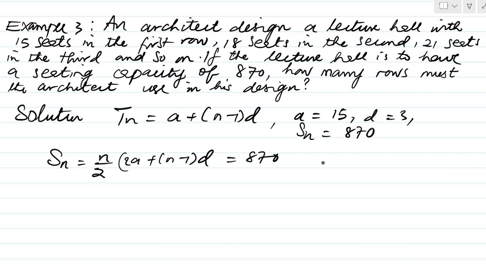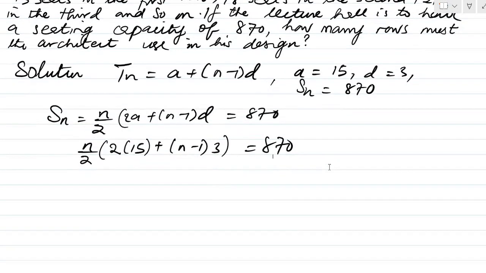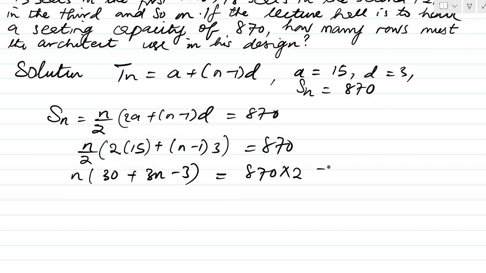So if you have this, that means that n over 2 brackets 2 times 15 plus bracket n minus 1 times 3 equals 870. When you cross multiply, you're going to have n brackets 30 plus 3n minus 3 is equal to 870 times 2, that will give you 1740.